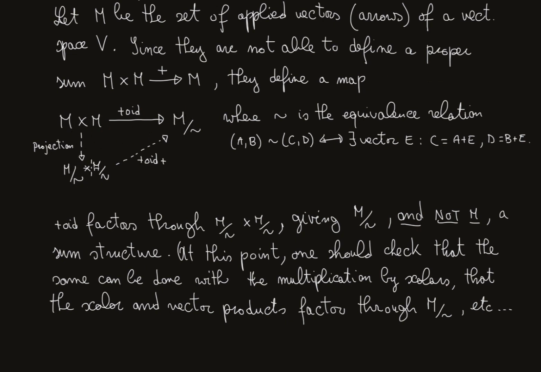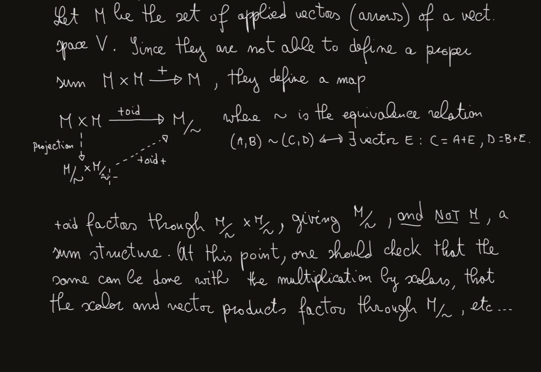So we have the Cartesian product of M modulo equivalence relation in both factors, and then a map going from this Cartesian product to M modulo the equivalence relation. We can call this sumoid plus structure.